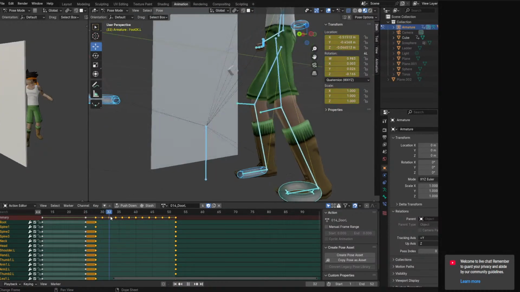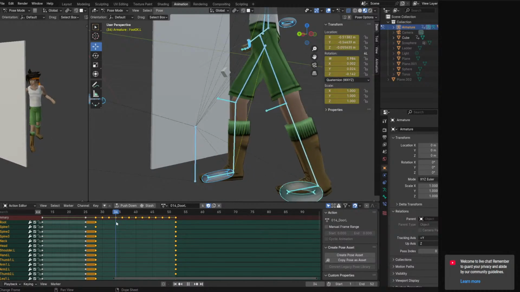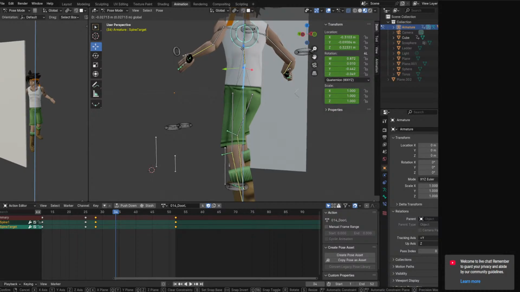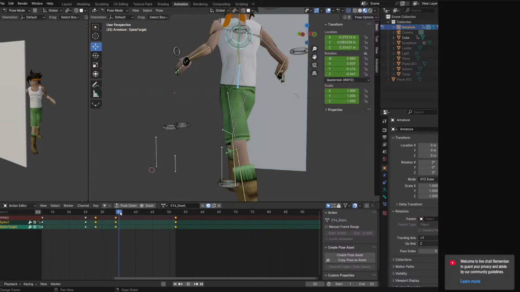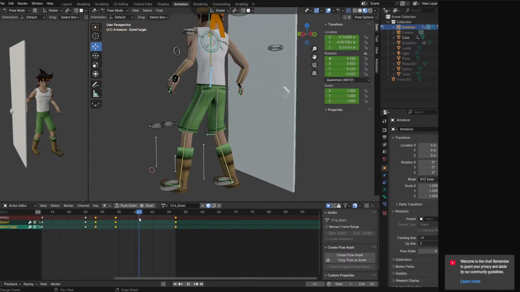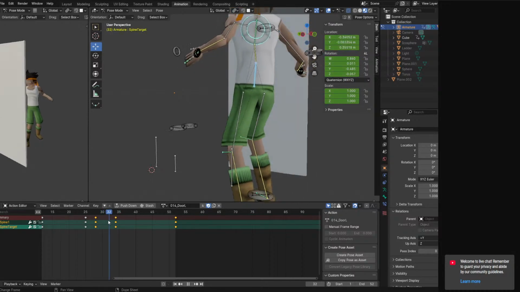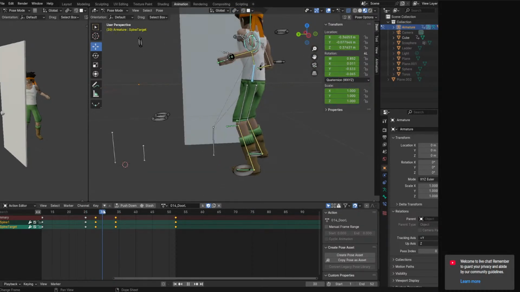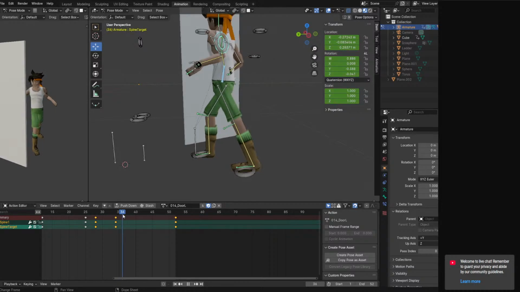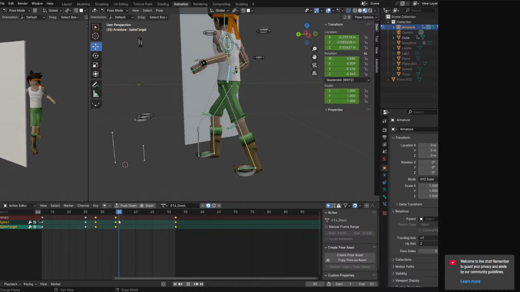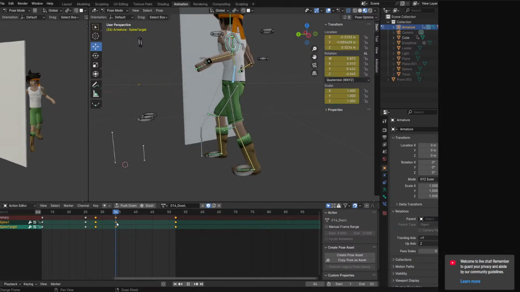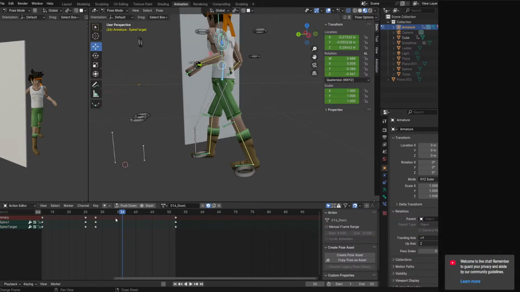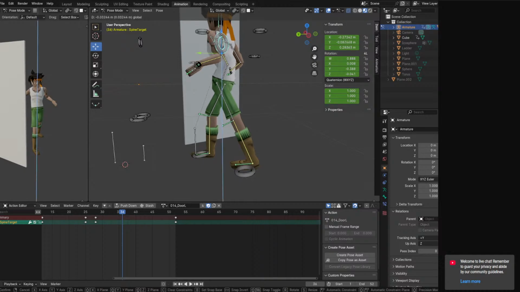So maybe here, let's lower this. Actually, let's do that here.